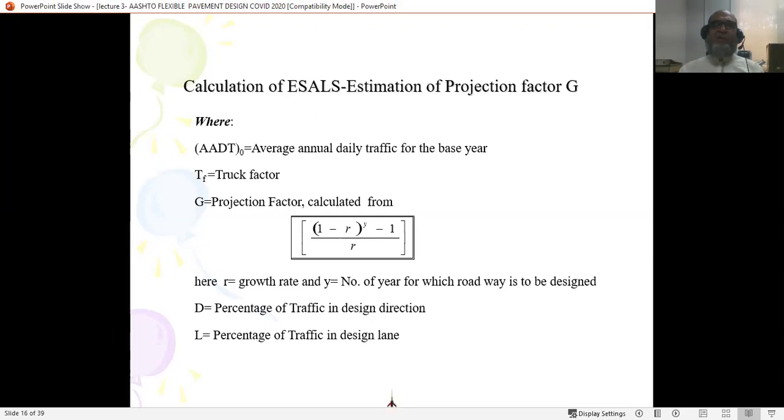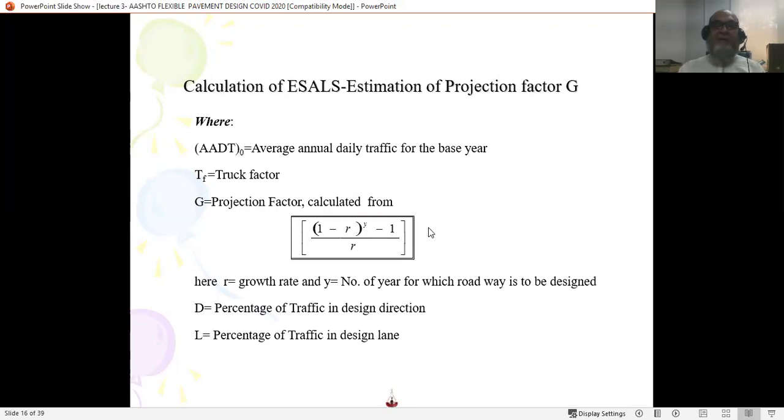As the business grows, people buy more trucks, more vehicles on the road, and that's what we call the growth rate. In Pakistan, this growth rate is normally around 4.25. And Y is the number of years for which the roadway is to be designed.